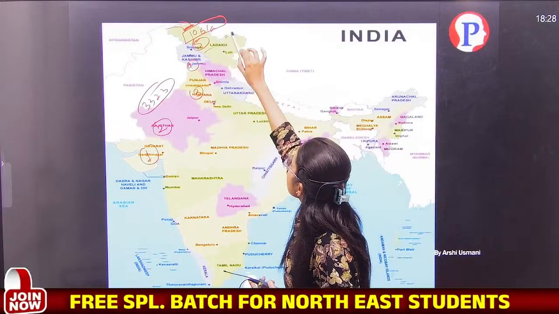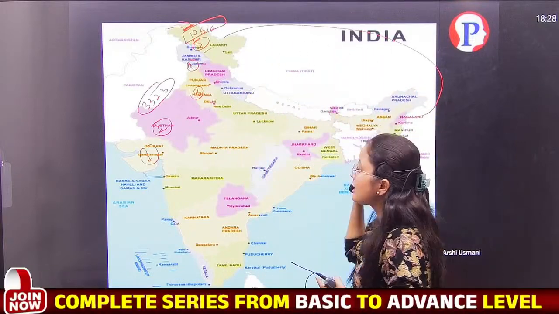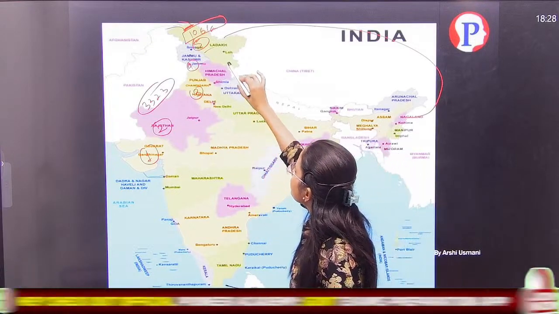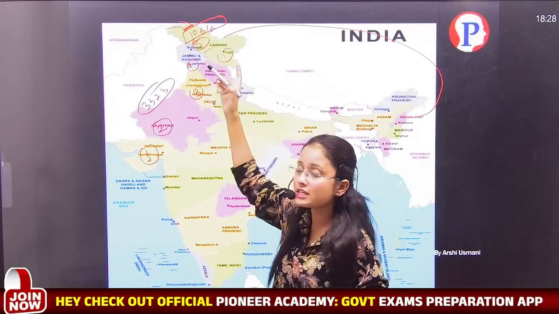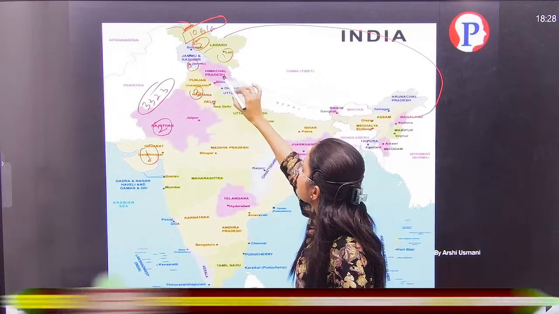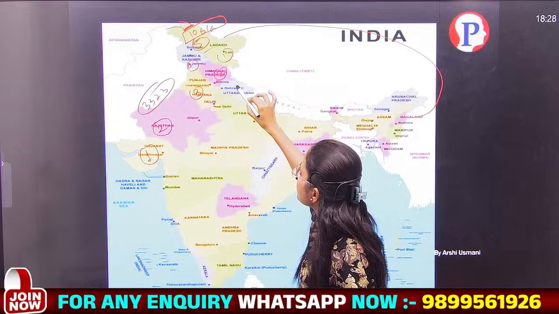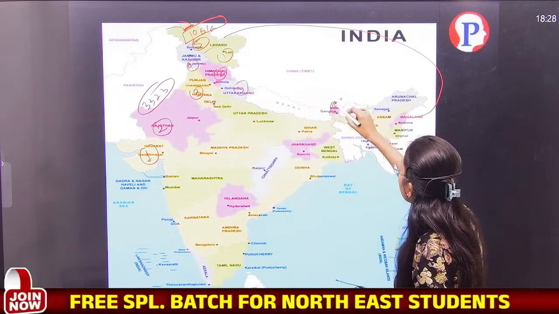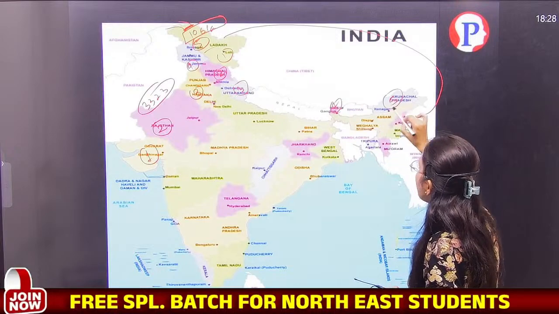Now this is China. Five states share their boundary with China: first Ladakh, a union territory, then Himachal Pradesh, Uttarakhand, Sikkim, and fifth Arunachal Pradesh.